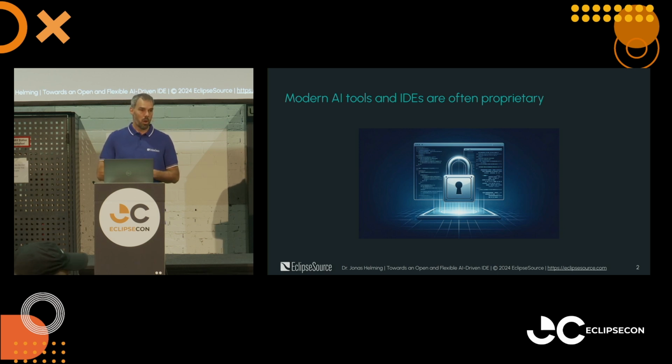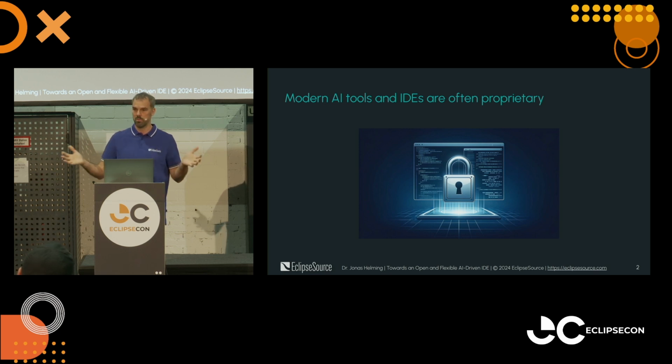Now, why is that a problem? I could list the classic advantages of open source, but I would like to highlight one thing. If we allow an AI to access our workspace, we basically send the most sensitive thing we have as developers, the source code, to some solution that we cannot look into. So there is a lack of transparency. Also, we cannot adapt the solution.